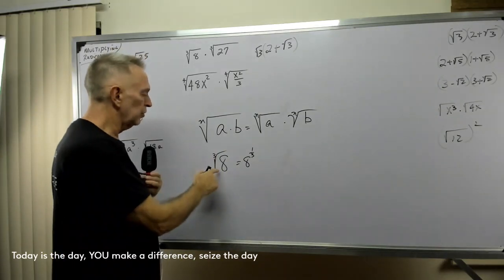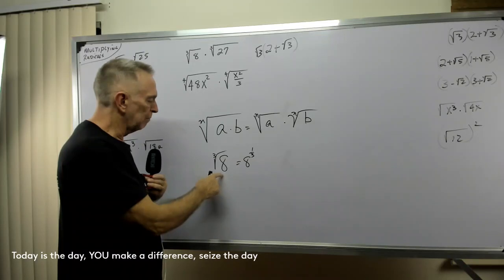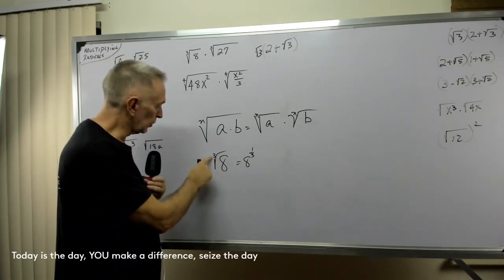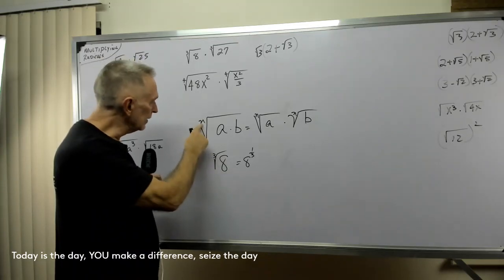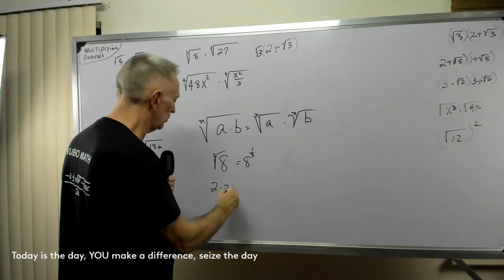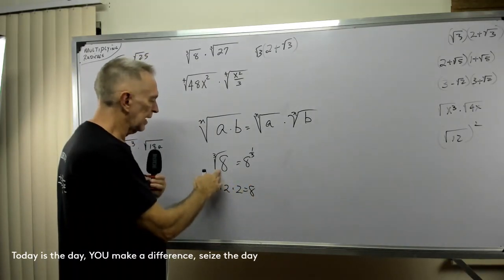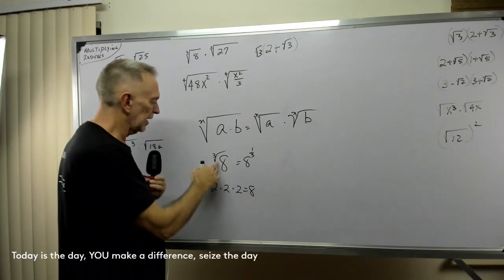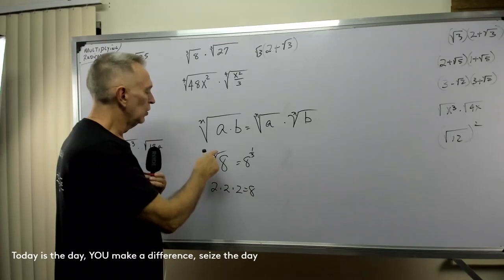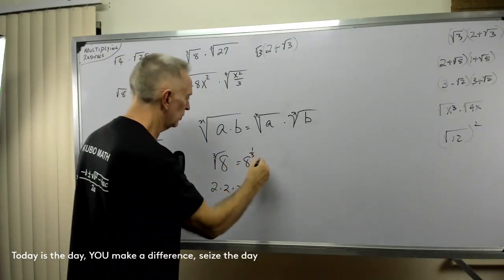But you could also interpret that as: what number can I multiply by itself 3 times, n times, in this case 3, that gives me 8? 2 times 2 times 2 equals 8. So the cube root of 8 equals 2.